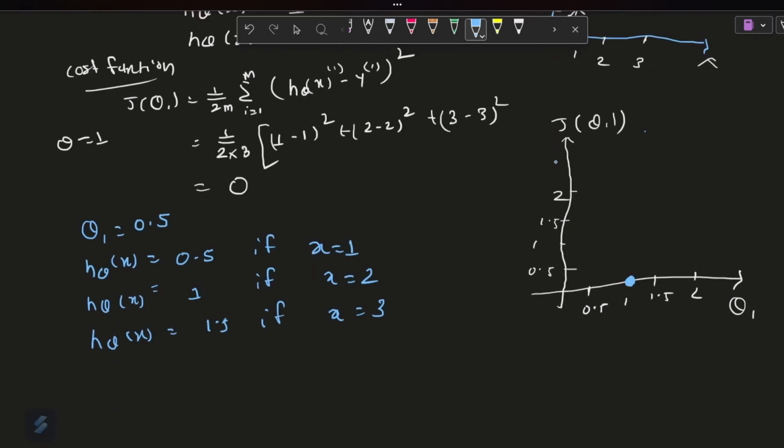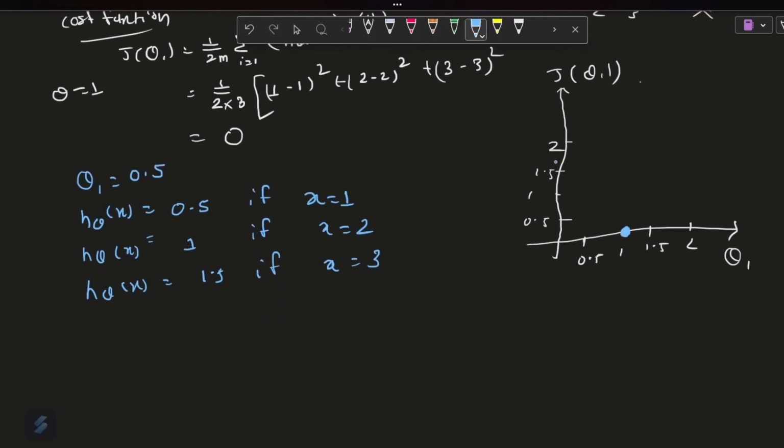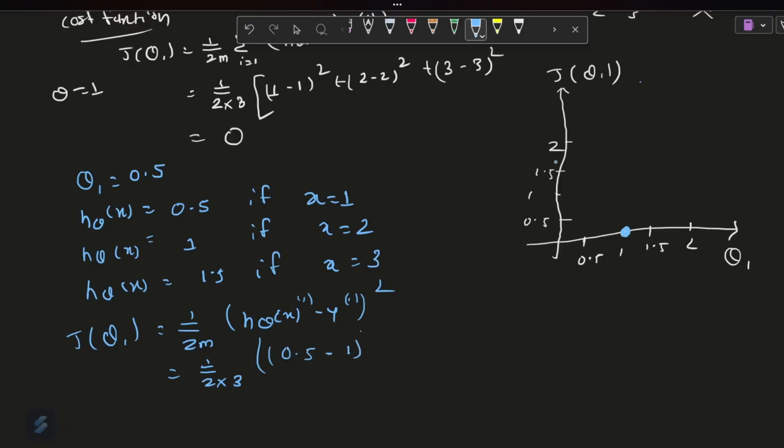As we reduce theta, we similarly calculate the cost function. So the cost function for that is 1 by 2m, h theta of x minus y, whole square. So simply 1 by 2 into 3, multiplied by 0.5 minus 1 whole square, plus 1 minus 2 whole square, plus 1.5 minus 3 whole square.